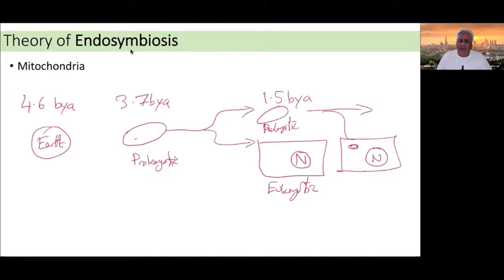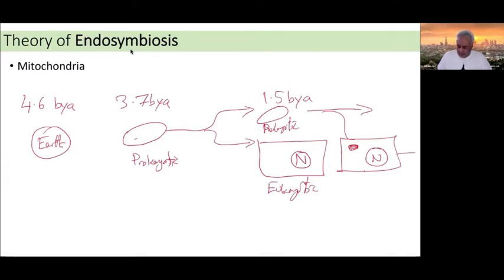And in this cell here, that process came to a standstill. And the internalized prokaryote was not digested for food, but instead began to live inside. And these internal bacterial type cells eventually evolved into present-day mitochondria. And there's a bunch of evidence to suggest that's the case, biochemical and morphological.